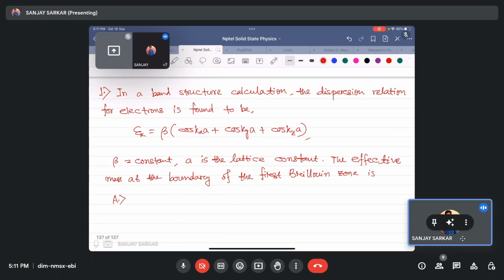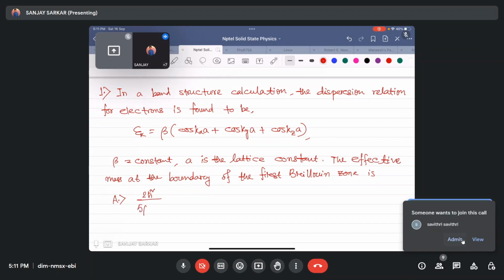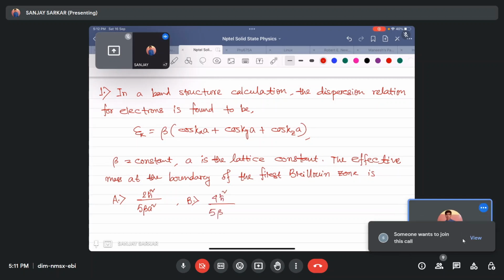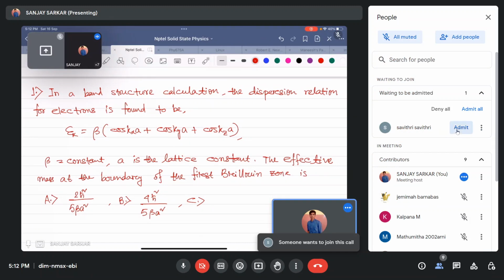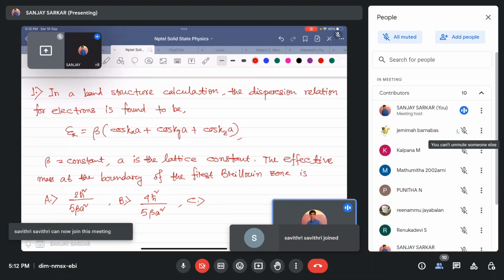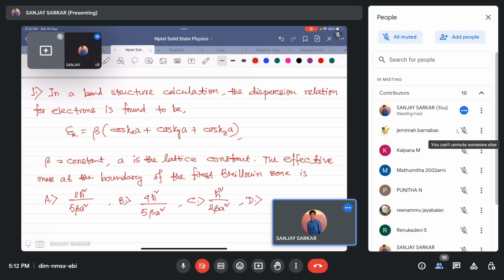Option A is 2 h bar square by 5 beta a square. Option B is 4 h bar square by 5 beta a square. Then option C is h bar square by 2 beta a square, and option D is h bar square by 3 beta a square.